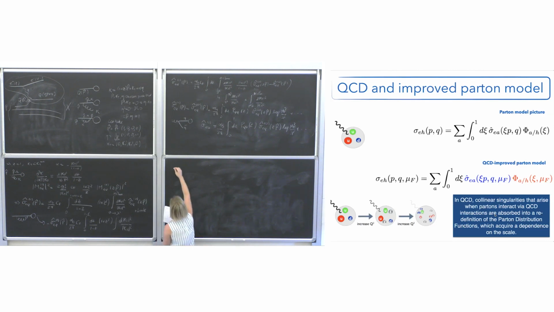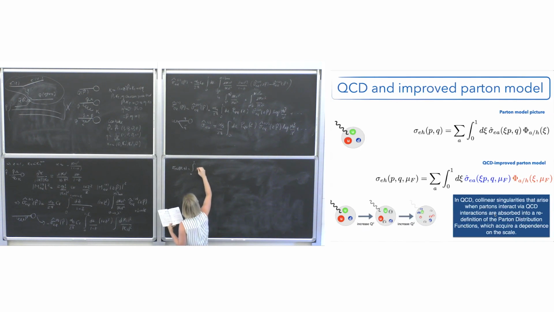We have sigma of EH, PQ, is equal to the integral between 0 and 1. Imagine the sum is only between Q and G, okay? Let's simplify. You have 6 quarks, 6 anti-quarks, but let's just do 1 quark and 1 gluon, because this is what I want to point out.